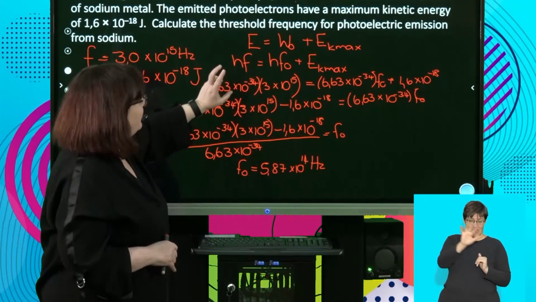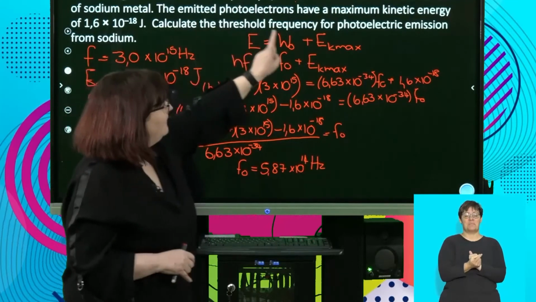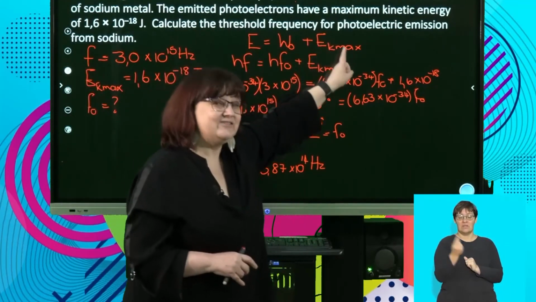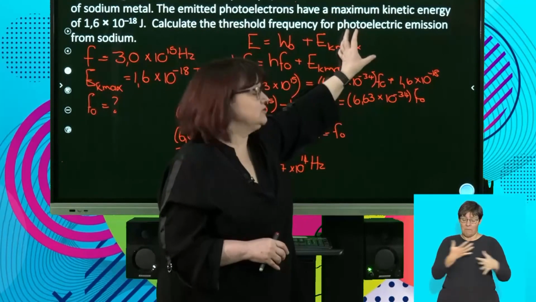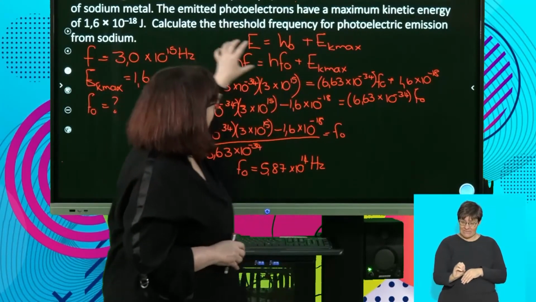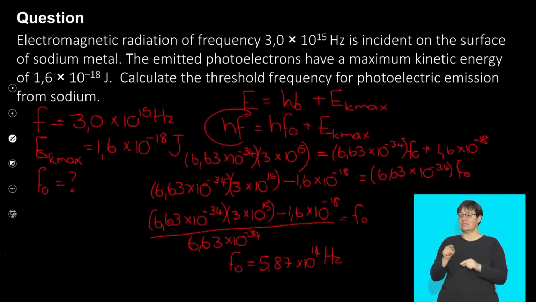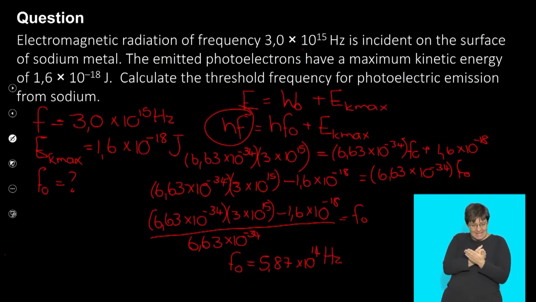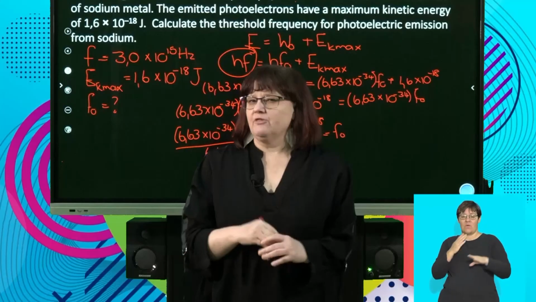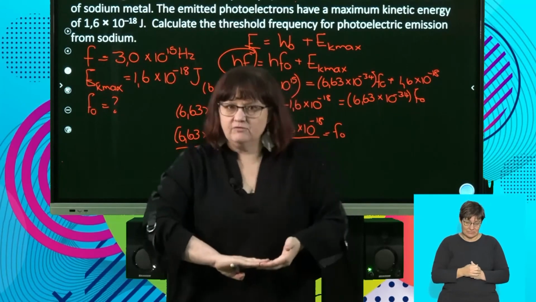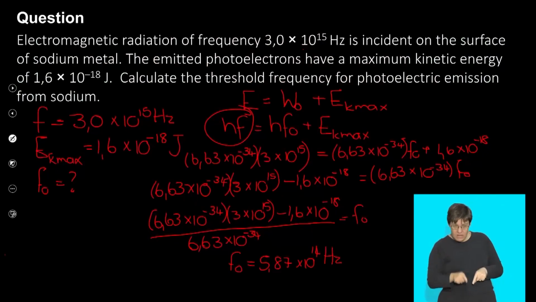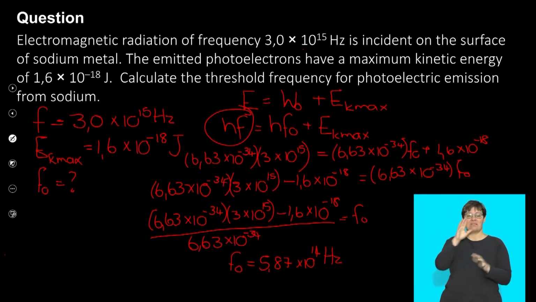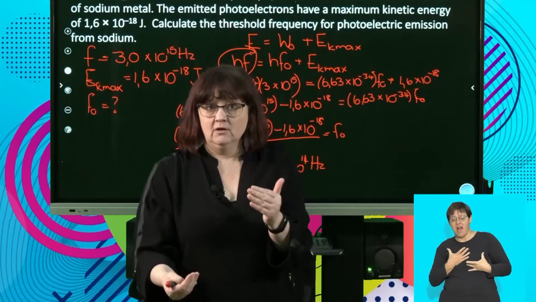And it becomes a problem because for my electrons to have extra energy, kinetic energy, this value must be bigger than the work function. So that's quite important. So when you get to the end of your answer, always look at your answer and go, does that answer make sense? Does it work with the information I'm given?